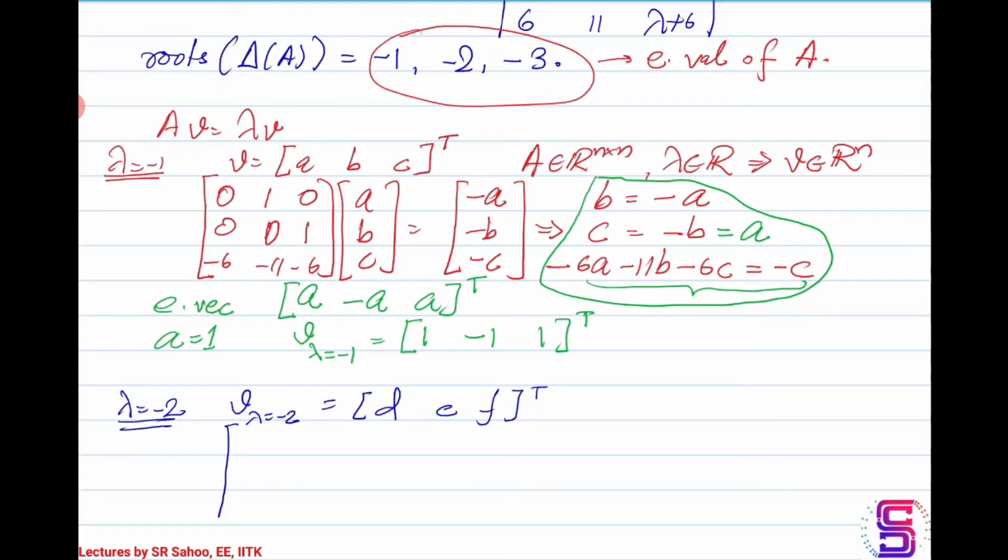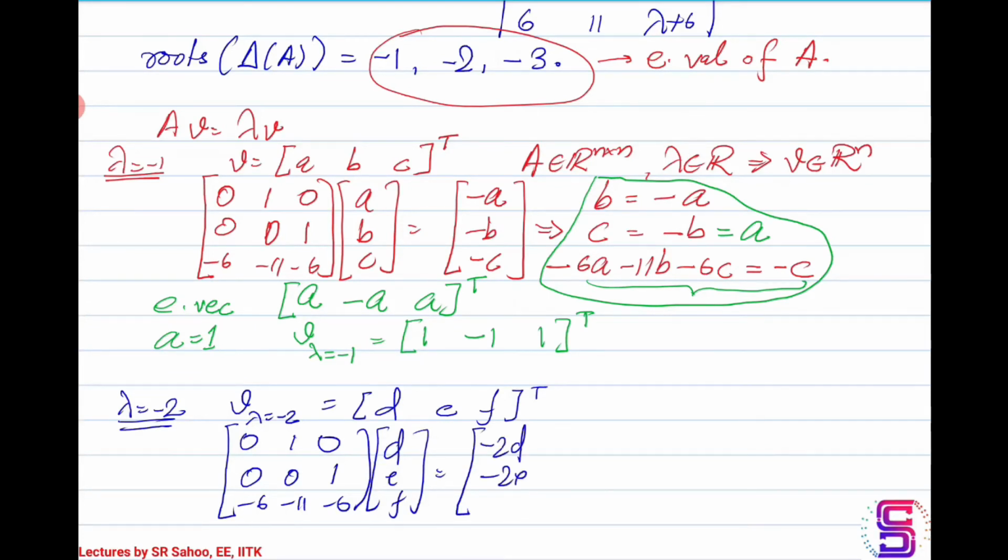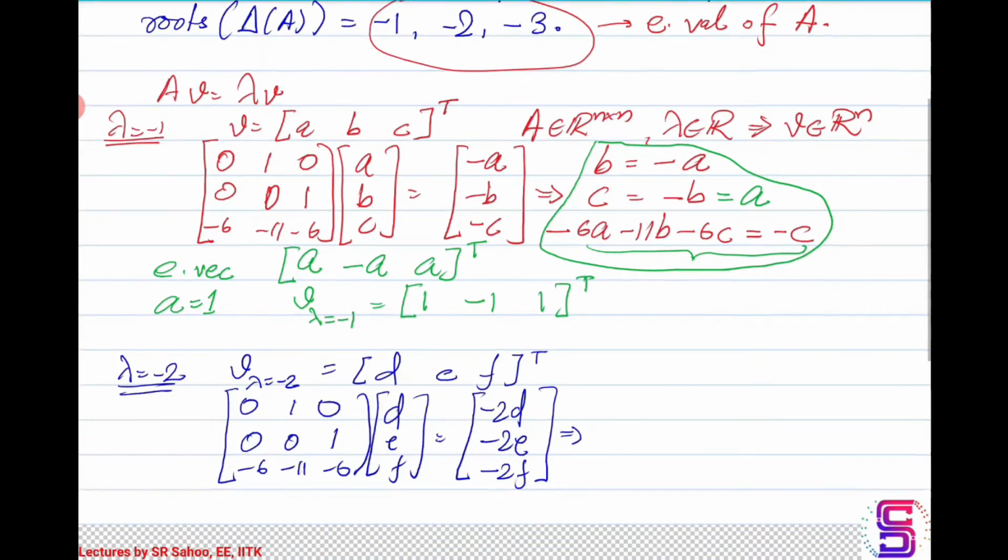Again, this eigenvector is going to be a 3 cross 1 real vector because A and the eigenvalue are real. So you have this with D, E, F going to be -2D, -2E, and -2F. It's lambda times v that you have.